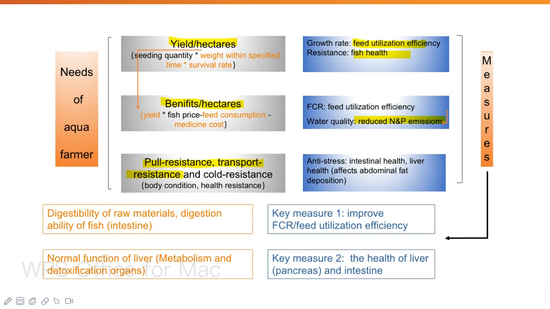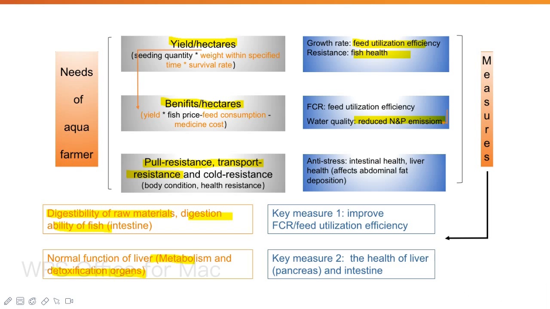By the analysis of the economy and concern of farmers, we sum up the key points: the digestibility of the raw material and the digestion ability of the fish, which is related to the development and health of the intestine. And the second is the healthy liver. We know that liver is the main organ for metabolism and detoxification.